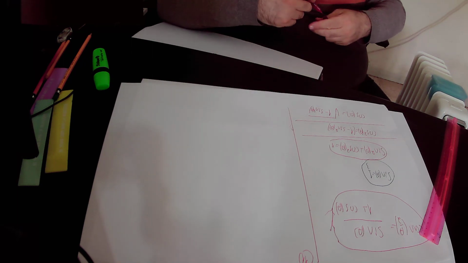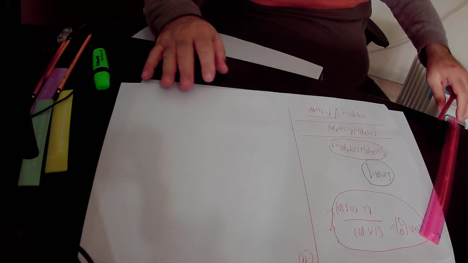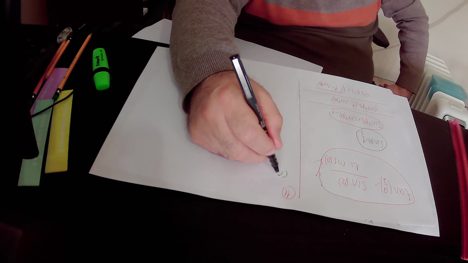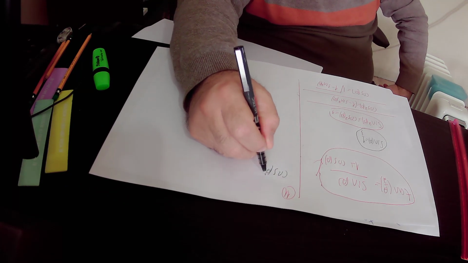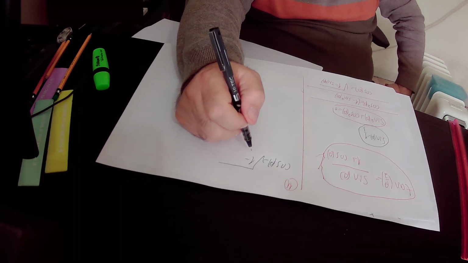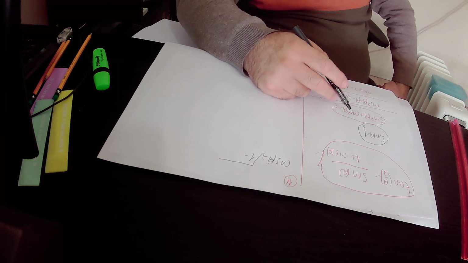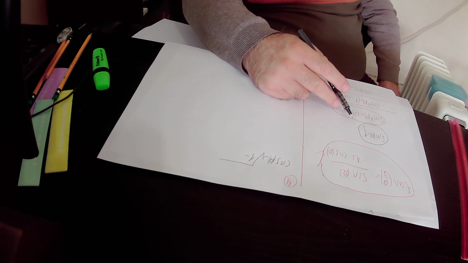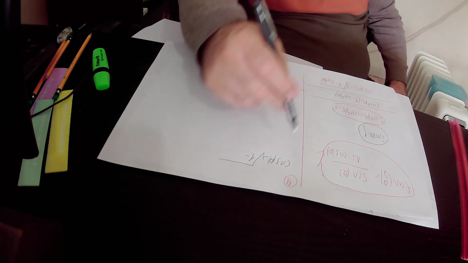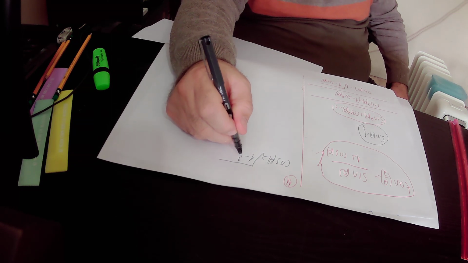So actually, cosine theta equals the square root of 1 minus, we know that sine theta equals 1 over 3, therefore the sine squared theta will be equal to 1 over 9.